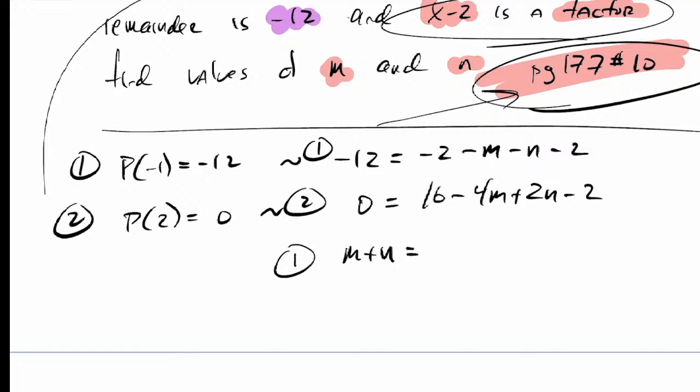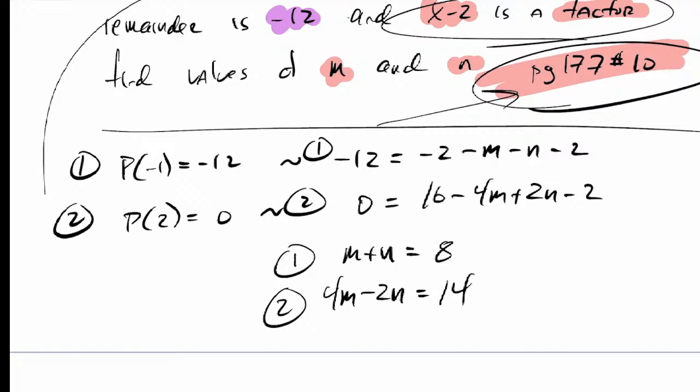The first equation comes out to m plus n equals negative 4 plus 12, so we get 8. The second equation is 4m minus 2n equals 14.